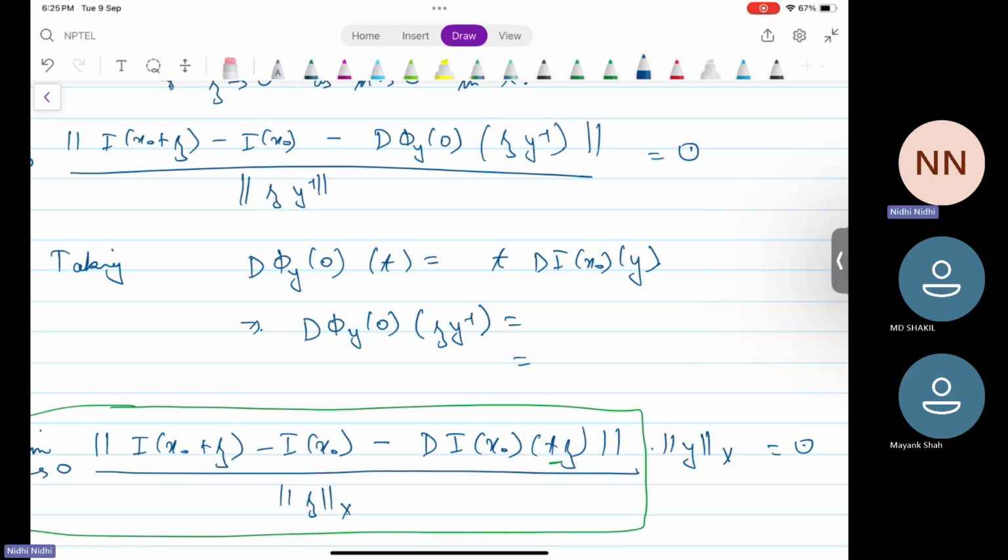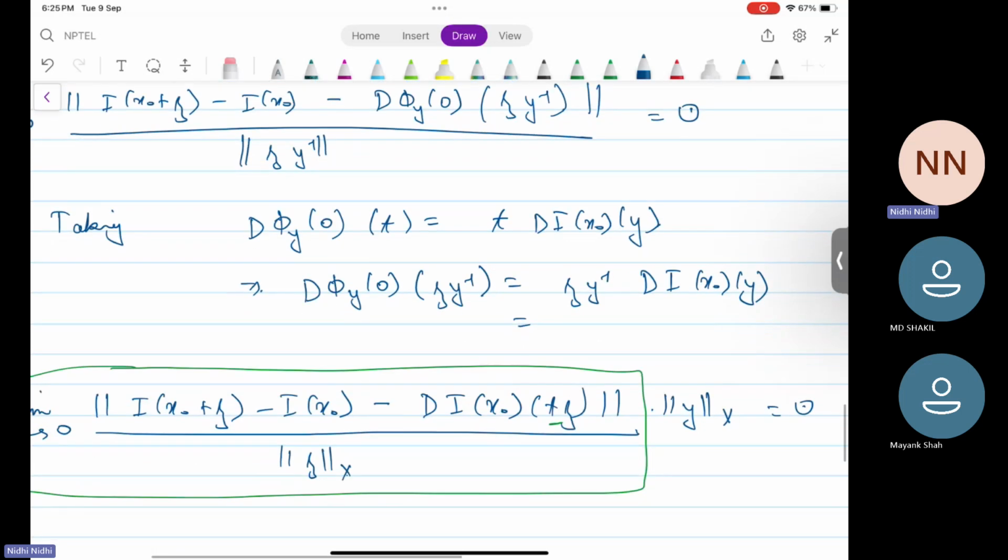We are finding the value of the function at the point z y inverse, and this will be dI x naught y. So eventually all this is constant, and now we can take z y inverse inside because dI x naught is just linear, and this will eventually be z, because y inverse y is identity.